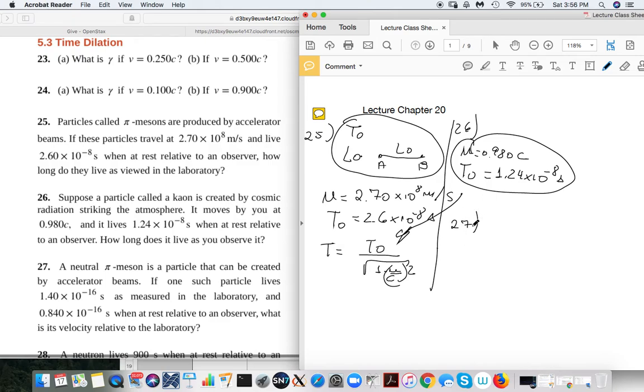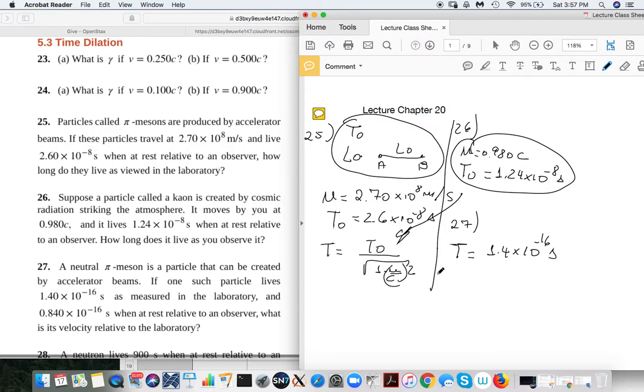Number 27. A neutral pi meson is a particle that can be created by accelerator beams. If one such particle lives, again t, as measured in the laboratory, I think laboratory here is being used as a term to describe somebody outside. So it measures 1.4 times 10 to the minus 16 seconds in the laboratory.